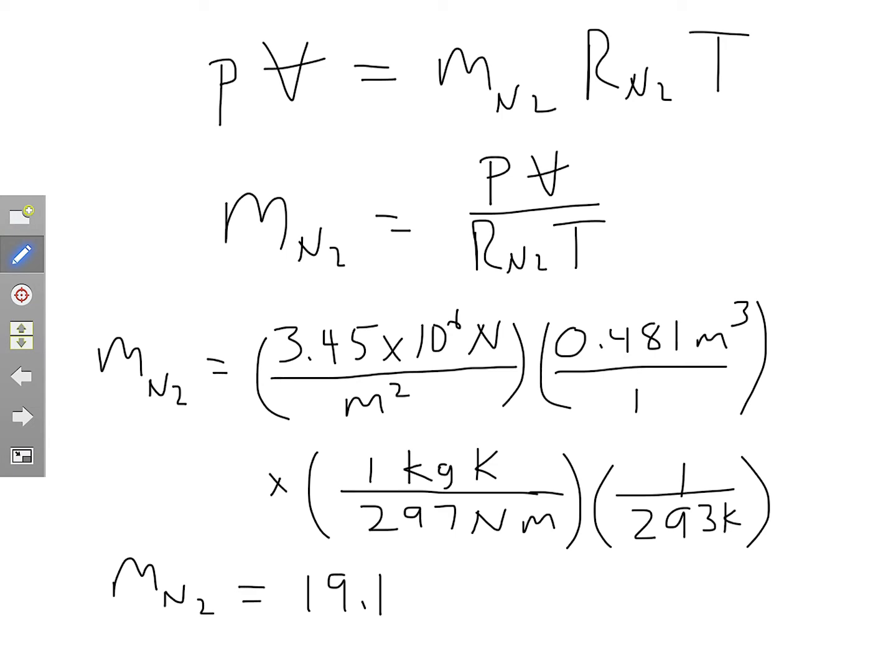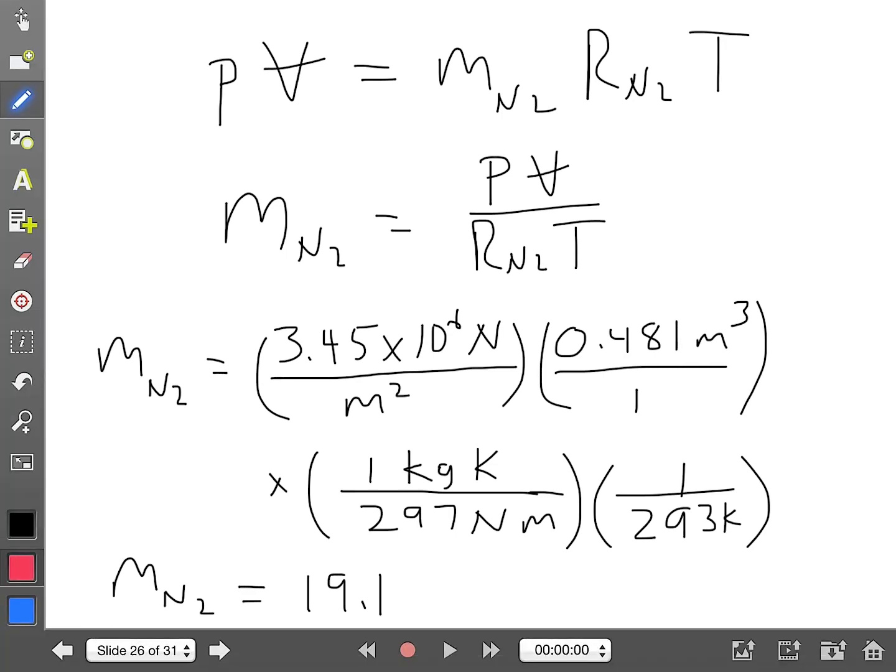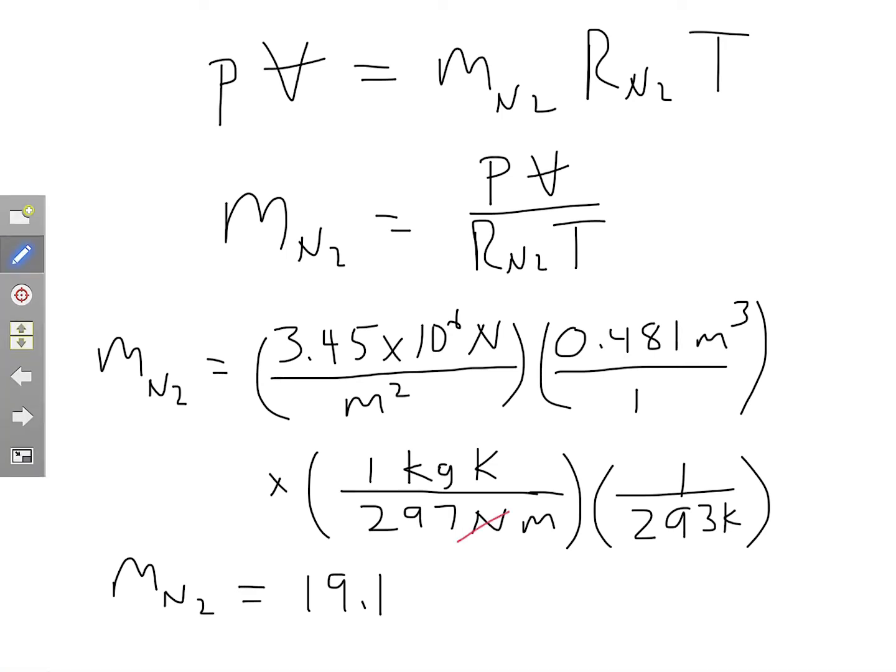Now let's see what we're going to do with the units. I'm going to grab a red pencil, and this Newton cancels that Newton in the denominator. This 1 over meters squared and 1 over meters cancels these two, or it cancels this meter cubed.